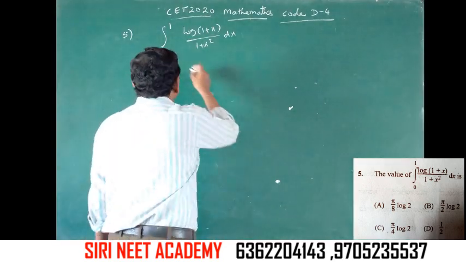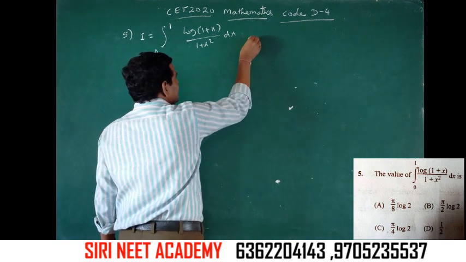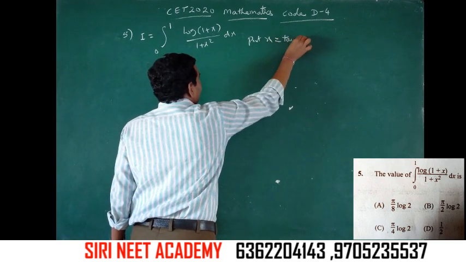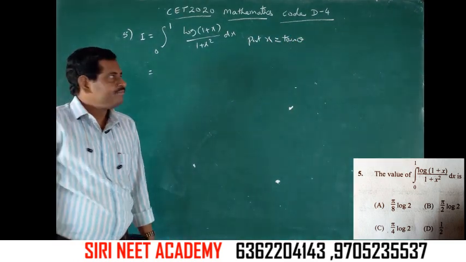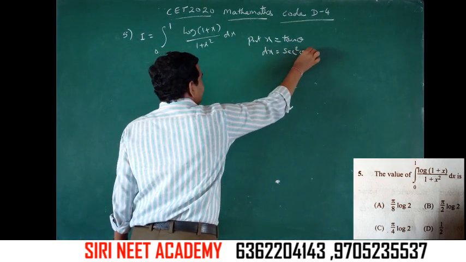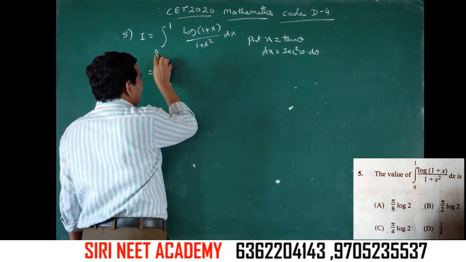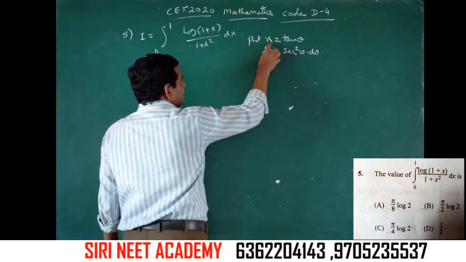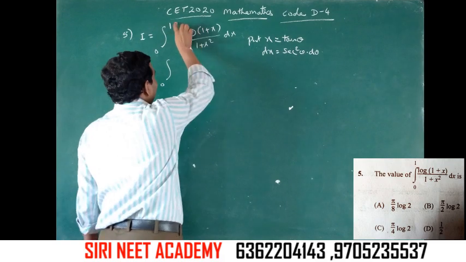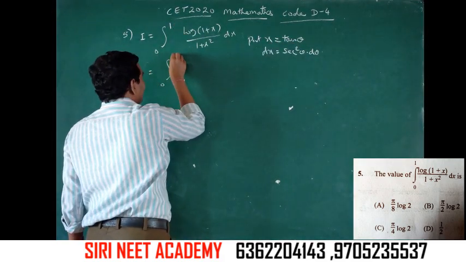Suppose this one is equal to I, and in place of x take tan theta, so that dx is equal to secant square theta d theta. Lower limit, when x is equal to 0, tan theta is 0, means theta value is 0. Upper limit, when x is equal to 1, tan theta is 1, theta value is pi by 4.